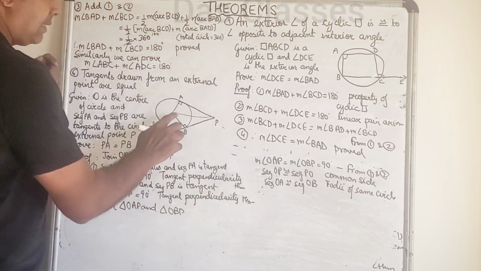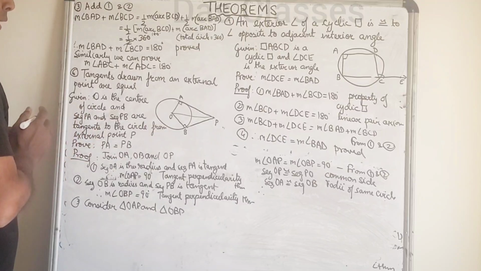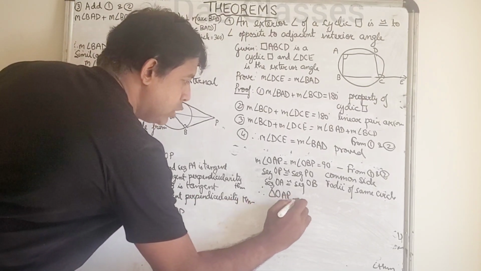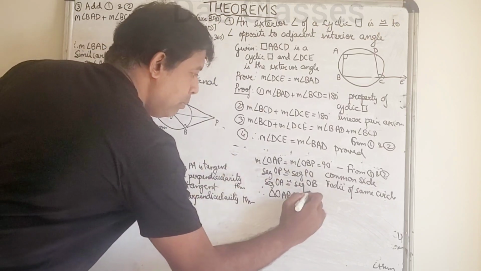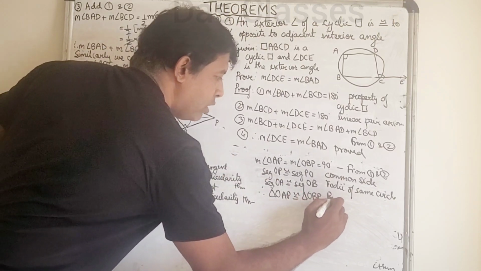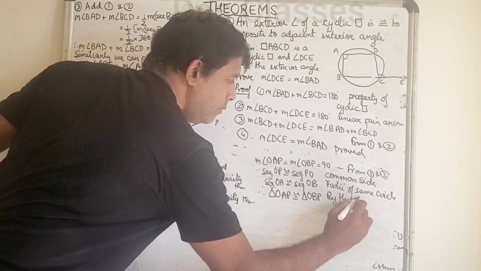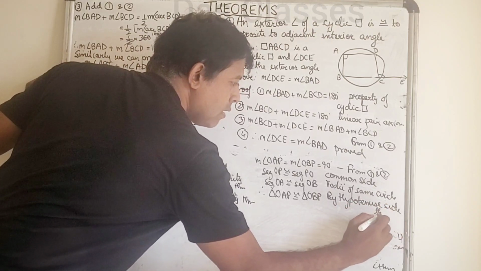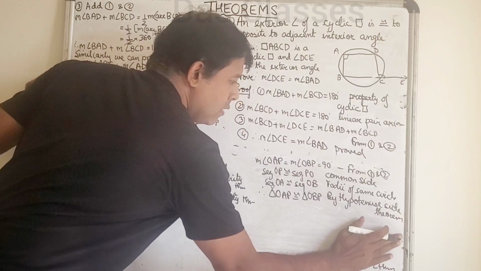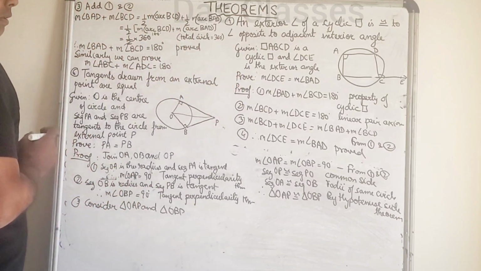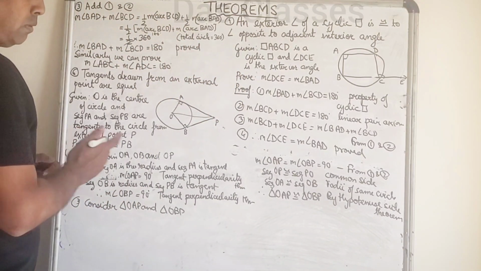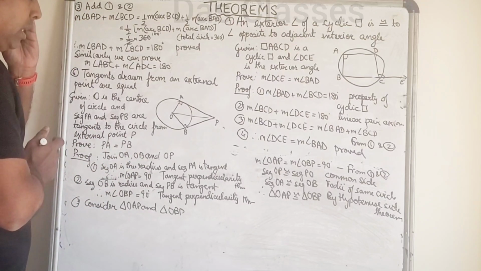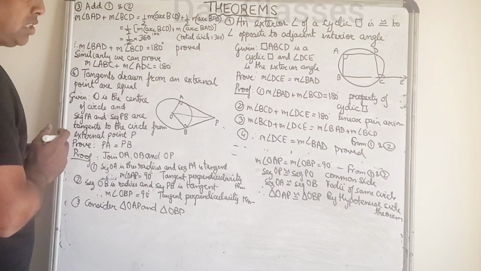Therefore, as the hypotenuse and one of the sides is congruent, therefore triangle OAP is congruent to triangle OBP by hypotenuse side theorem. Okay, so all the tests we have done in another video. You can check out that video in which we have seen all the congruency tests and how to prove it.